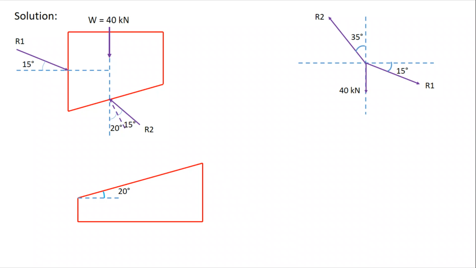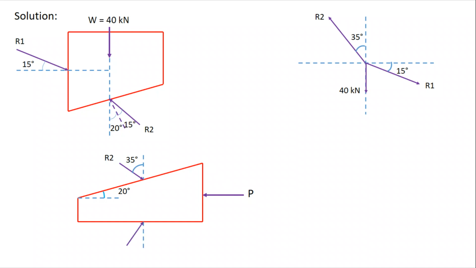Similarly for the wedge, the angle with the horizontal is 20 degrees. Between the two surfaces, the block and wedge, there is an equal and opposite reaction, or resultant, R2. And from the right side, the P force is applied, which we have to calculate here. R2 being equal and opposite means the angle is the same, that is 20 plus 15, 35 degrees.